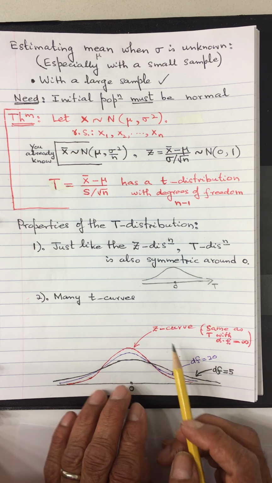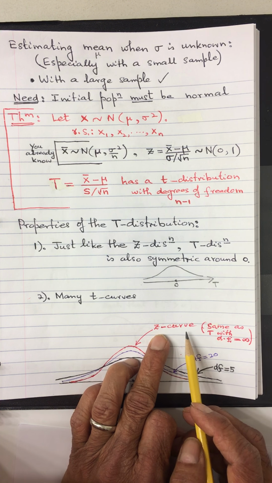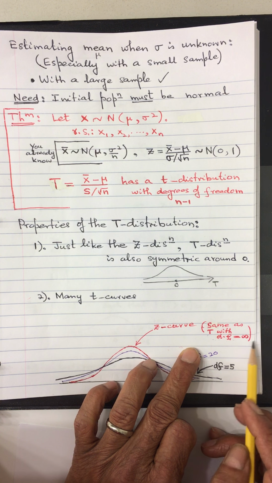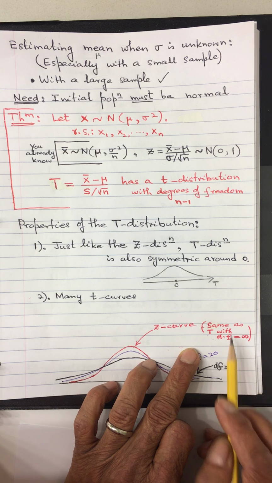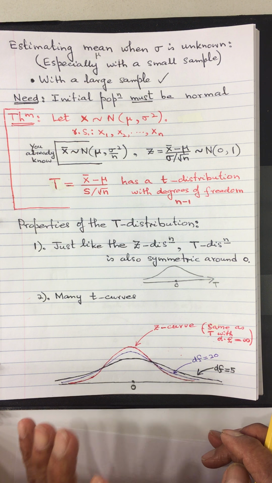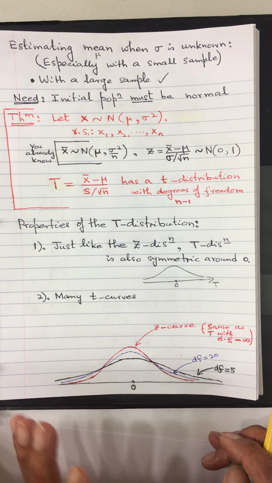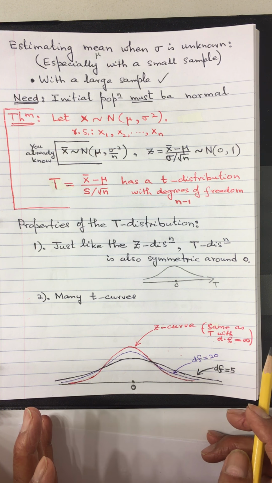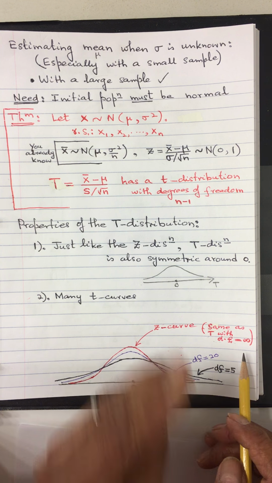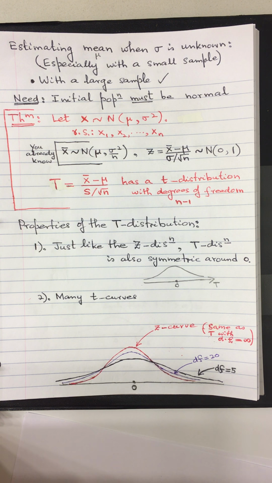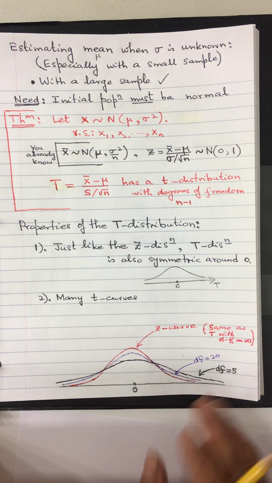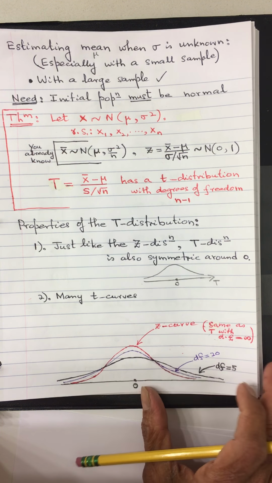In other words, the z curve is exactly the same as the t curve with degrees of freedom infinity. For all practical purposes, with a big number like 50, 60, 70, it's very close to the z curve. So now, just like the z table, if you take any low-level statistics book, there are t tables.